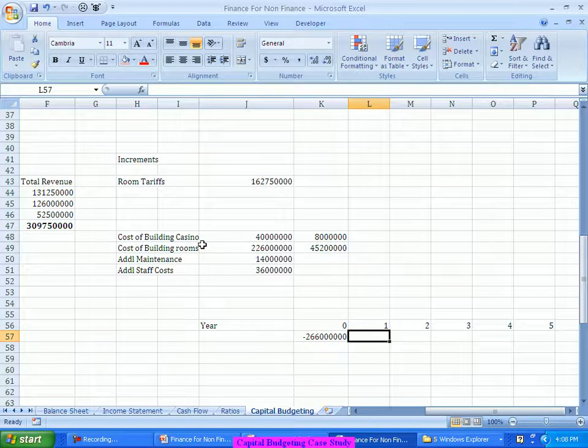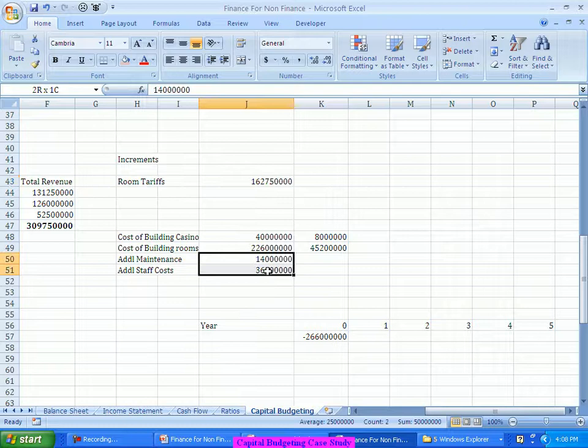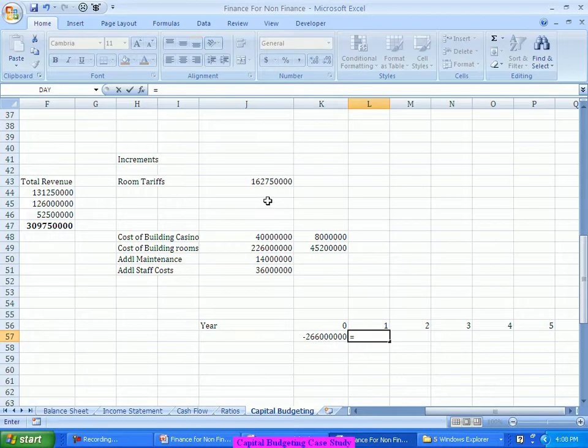After 1 year, for the next year, what is that I will get? I will get this much in revenues, but at the same time during the next 1 year, I will incur this much as expenses. So what is the thing I am left with? I will be left with this, the net increment. I am getting this minus this minus this. This is what is my net increment.